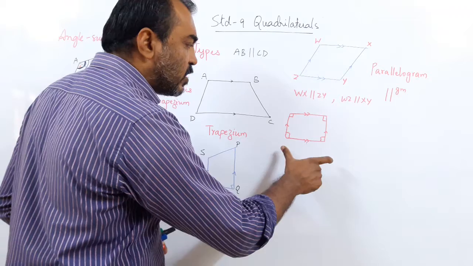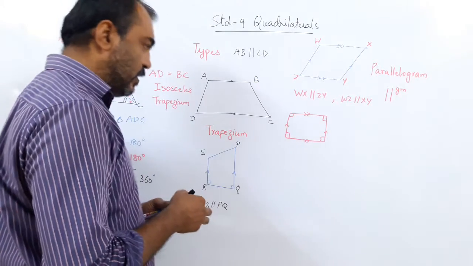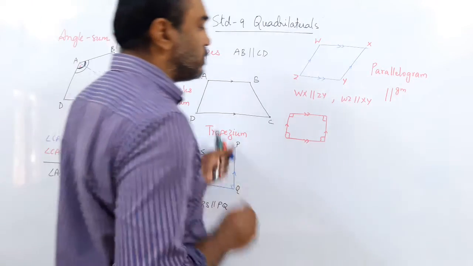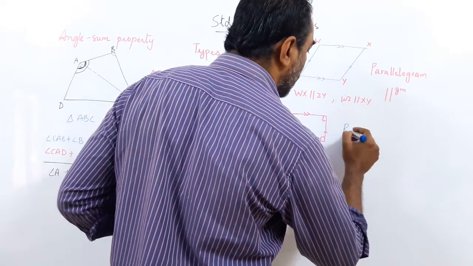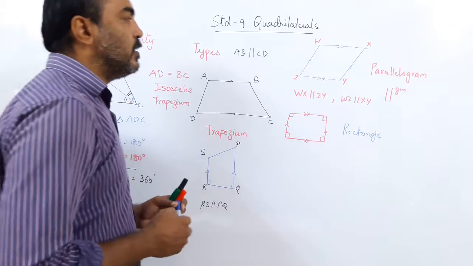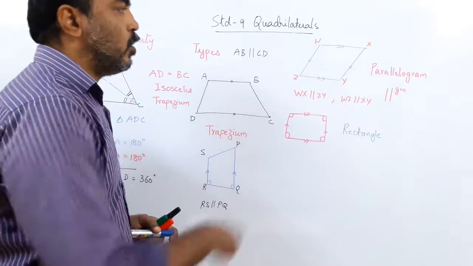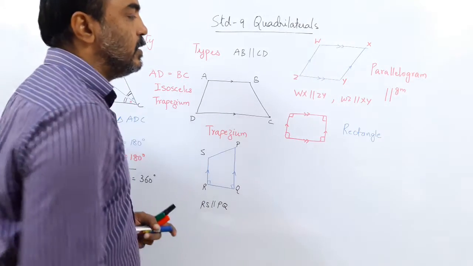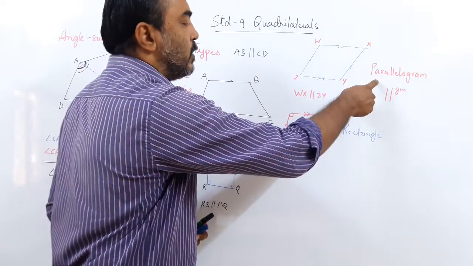Both pairs of opposite sides parallel and every angle 90 degrees, then this becomes a rectangle. So how do you define a rectangle? A rectangle is a quadrilateral, and it is a parallelogram also. Why is the rectangle a parallelogram?